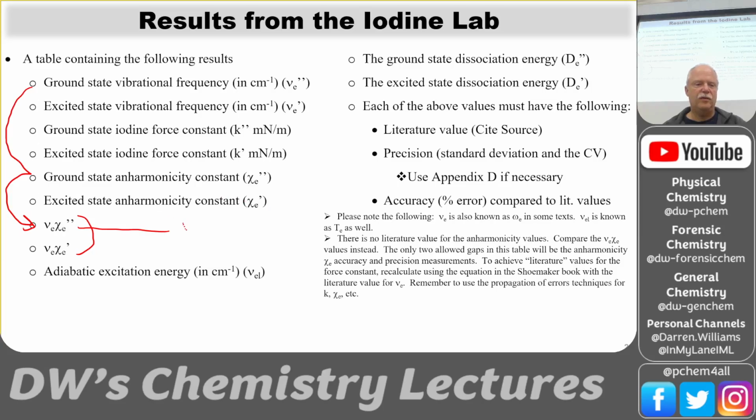So when you do the literature comparison, you'll probably have to compare this to the literature, not this, because we won't have the XE written by itself typically. And you'll get this excitation energy, the new electronic. You'll also get an estimate of the ground dissociation energy and the upper state dissociation energy. And then you can compare all of these values.